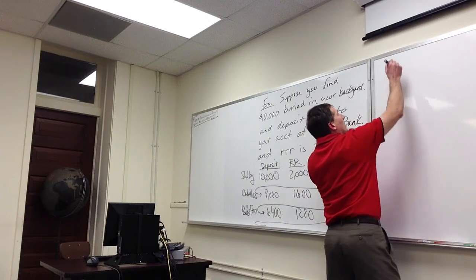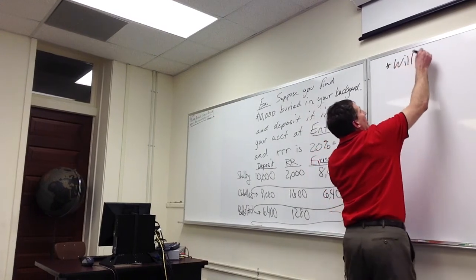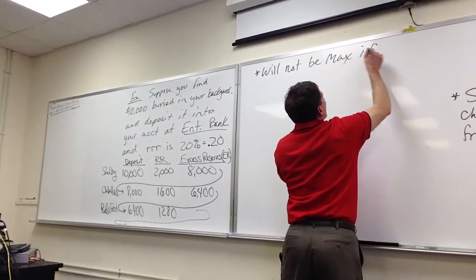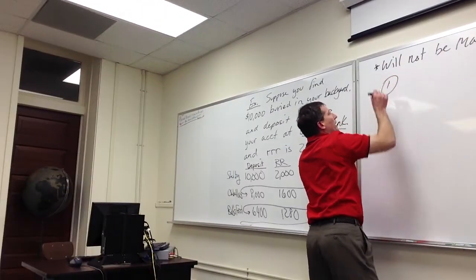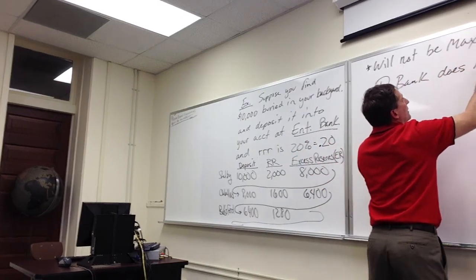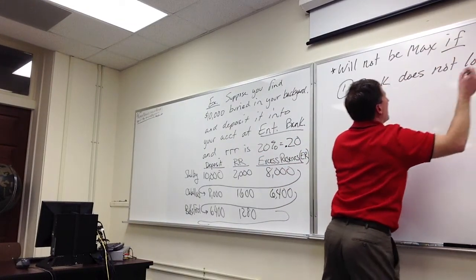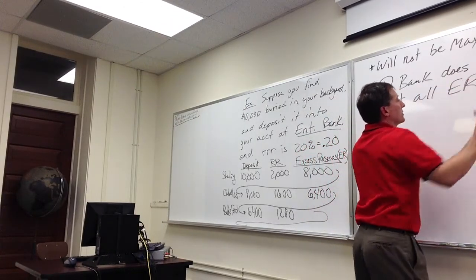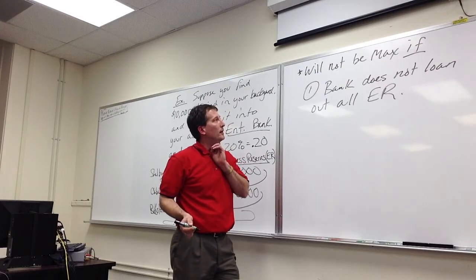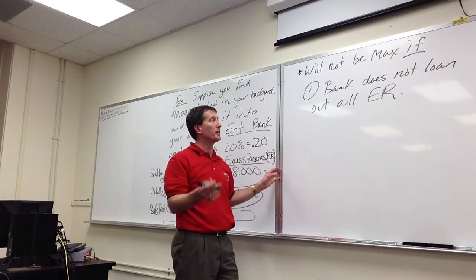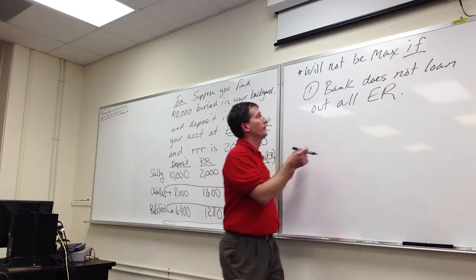So let's just put: will not be max if, one, bank does not loan out all excess reserves. And we now can think about a desired reserve ratio.